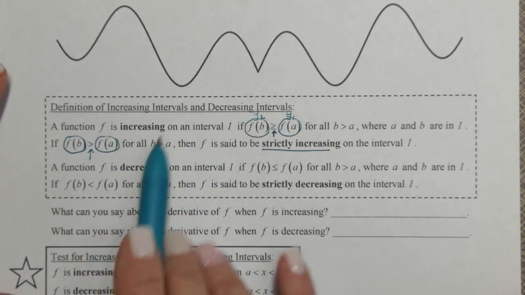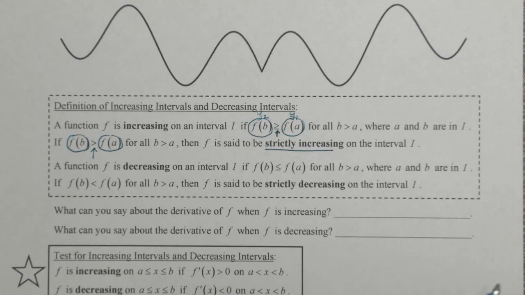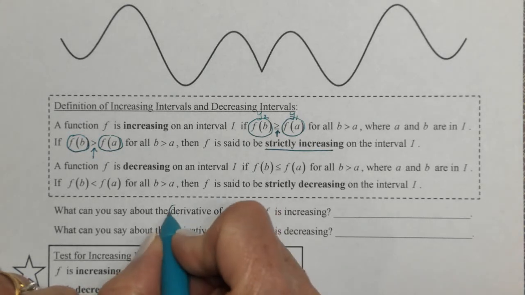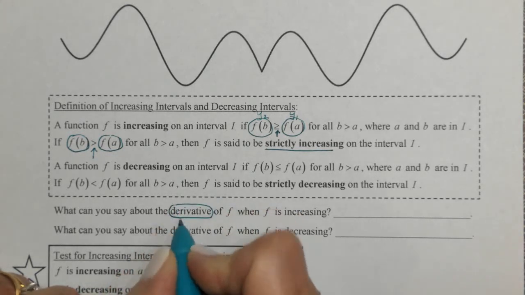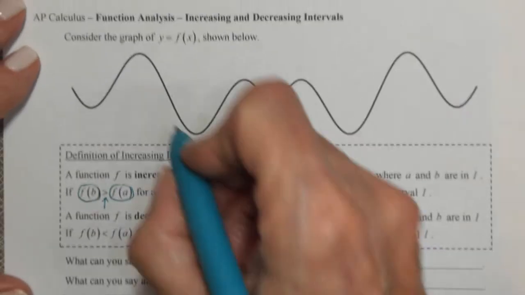That's the technical definition of increasing and decreasing. What can we say about the derivative of f when f is increasing? The derivative is the slope of the tangent. What can we say about the slope of the tangent line when f is increasing? Let's draw a slope here.